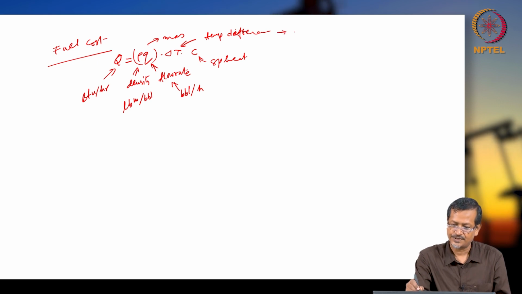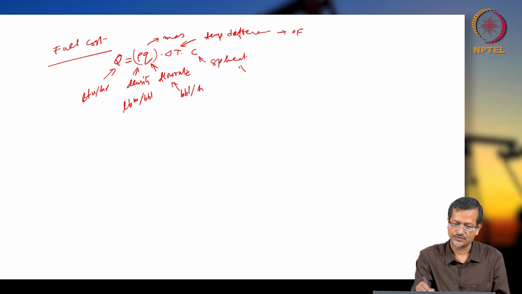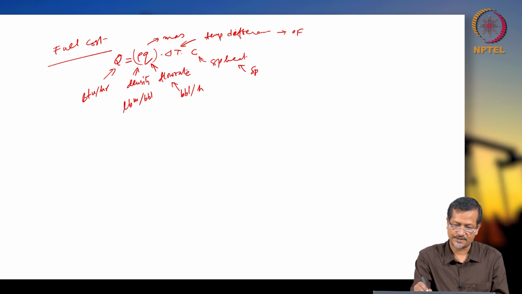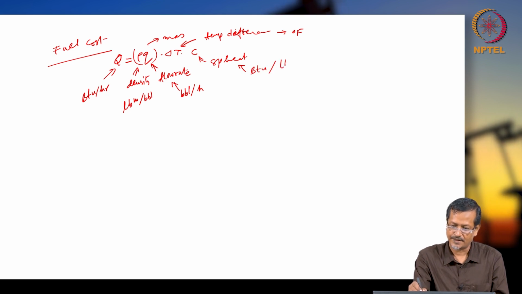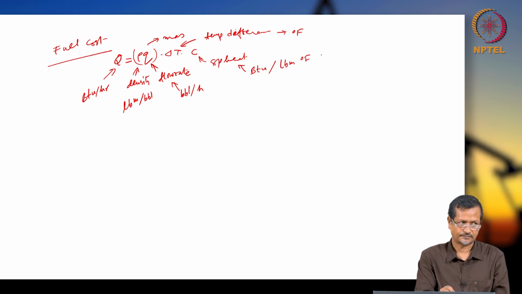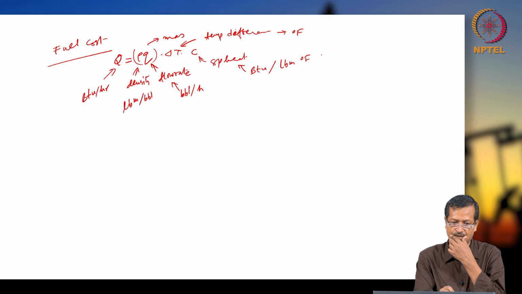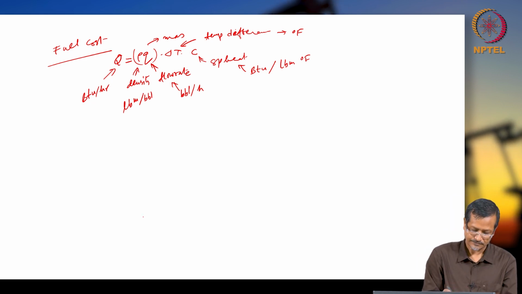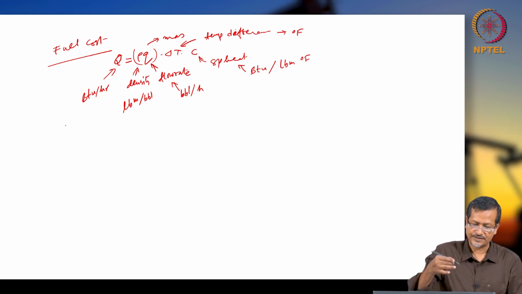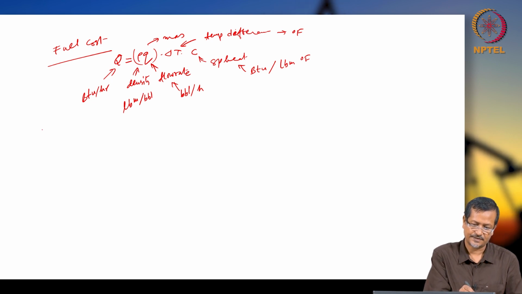Delta temperature difference, degree Fahrenheit they are taking. So specific heat capacity also you have to take accordingly. Specific heat you have to take as BTU per lbm degree Fahrenheit. Q unit, okay? Fine. Okay, now using the formula we try to calculate some heat duty.